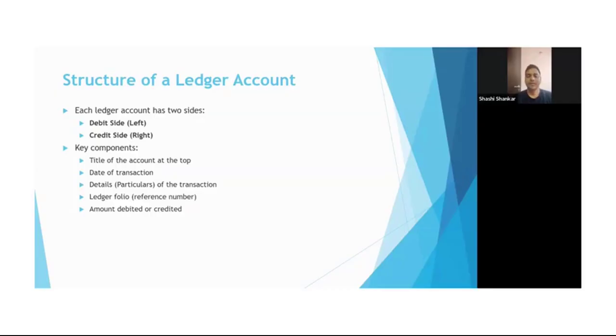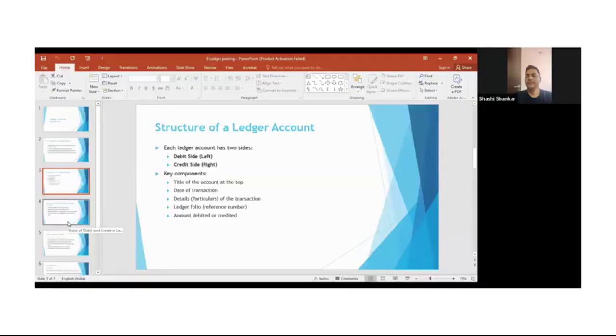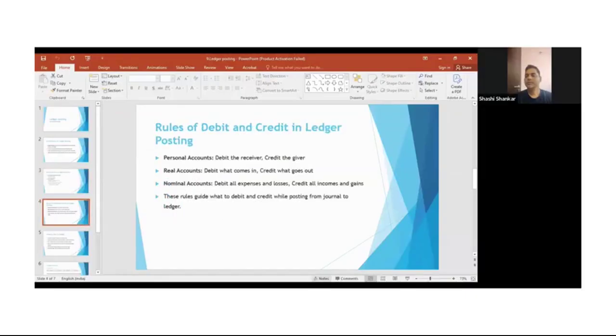And definitely the amount, what amount is debited and how much is credited. So these are the key components. Always keep them in mind while we are posting the entries into the ledger account. Moving to the next one: the structure of ledger account, which I have covered.